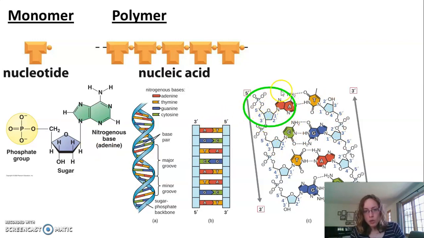There's one nucleotide. On this picture, the little blue part there is this, and then the red part there is what's called the nitrogenous base. That's actually where the code of the DNA is held.